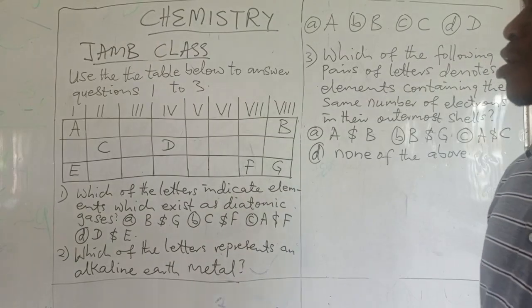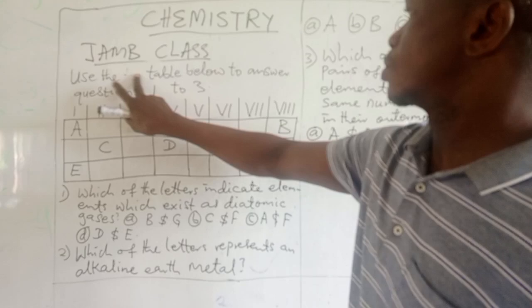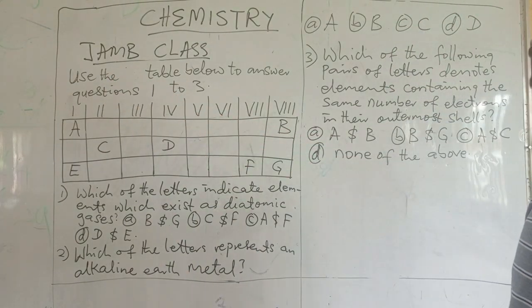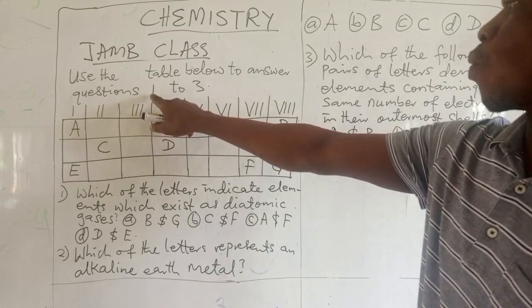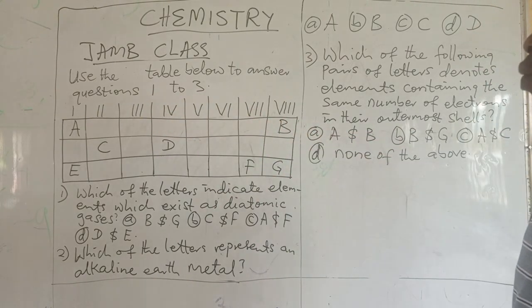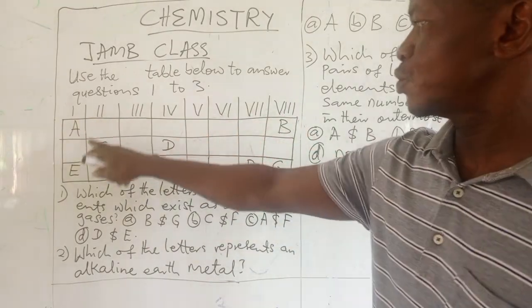So the first question for today says, use the table below to answer questions 1 to 3. So this is the table, and they ask you to use the table.